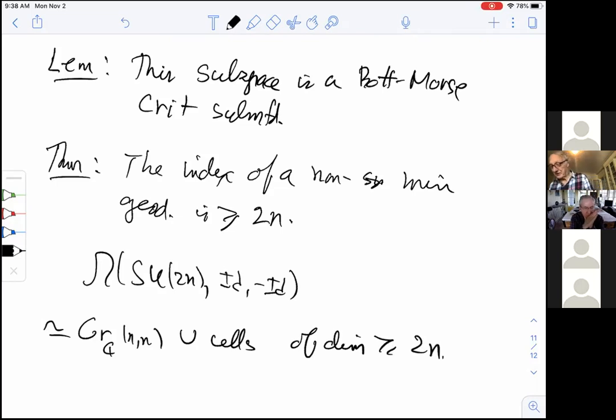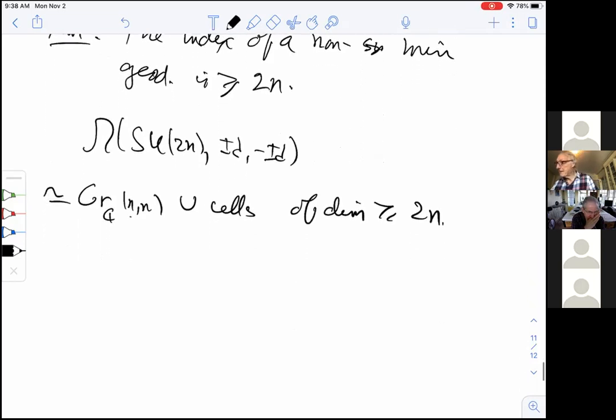And then homotopy theory tells you the Grassmannian and the loop space have the same homotopy groups up to 2n minus 2. So that's how we're going to do it.